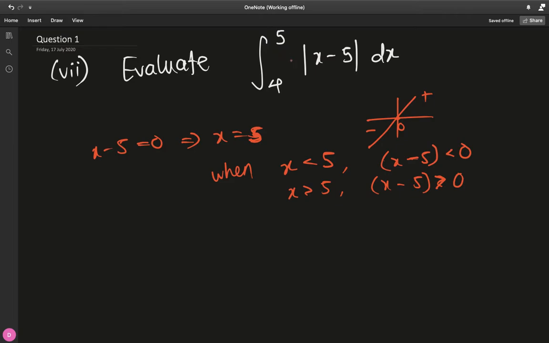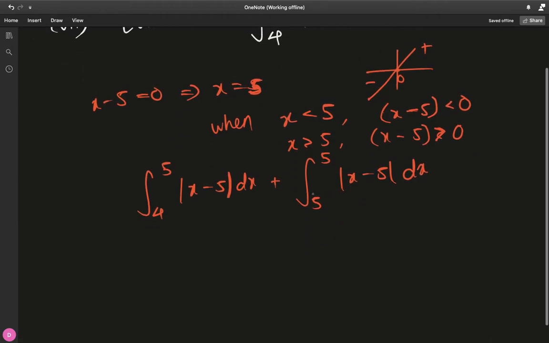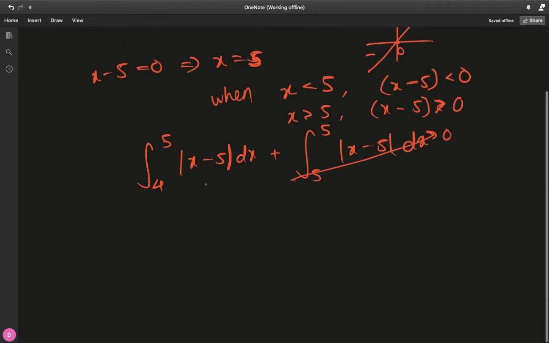So it doesn't matter if we ignore the exact point of 5, because you can write this as integral from 4 to 5 of x minus 5 dx, as the limit as x goes to 5. But the thing is, when x equals 5, this term is anyways going to 0, and on this interval this is negative.